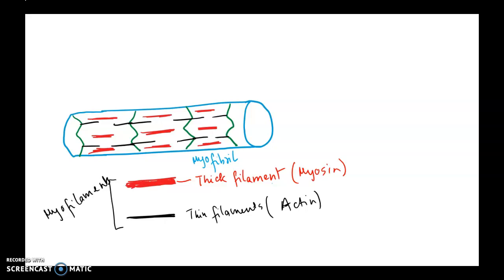You can imagine this as a package of cigarettes. If you take a pack of cigarettes, the pack will be your muscle fiber, and within the pack, you will see individual cigarettes. Those individual rod-like cigarettes can be compared to myofibrils.